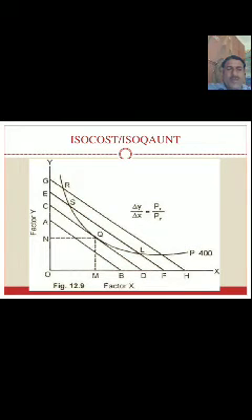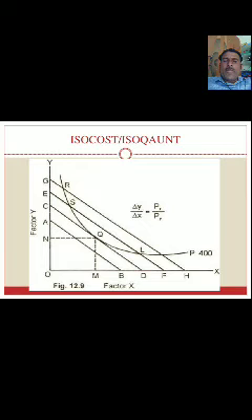For example, the producer has a budget of only 200 rupees. AB is the isocost line. Within this 200 rupees, the prices of the factors, labor and capital units, are constant.